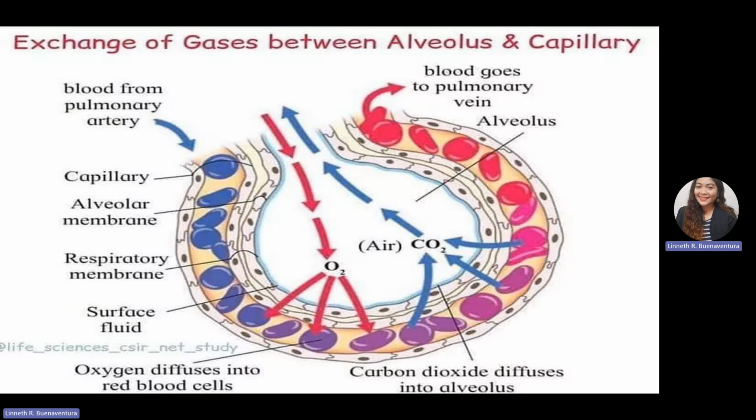Blood poor in oxygen, once the oxygen has diffused, will become blood rich in oxygen. So the flow is from the pulmonary artery to the pulmonary veins.